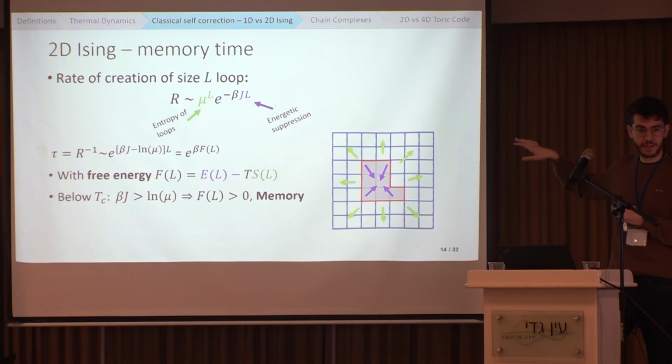And in the 1D case, we saw that it changes the logical bit quite fast, and here in the Ising model, we will remain in the same logical state. Okay, that's the classical example. We move on to the quantum case.